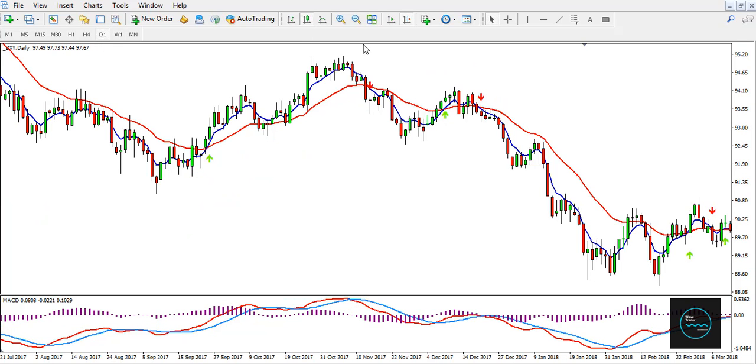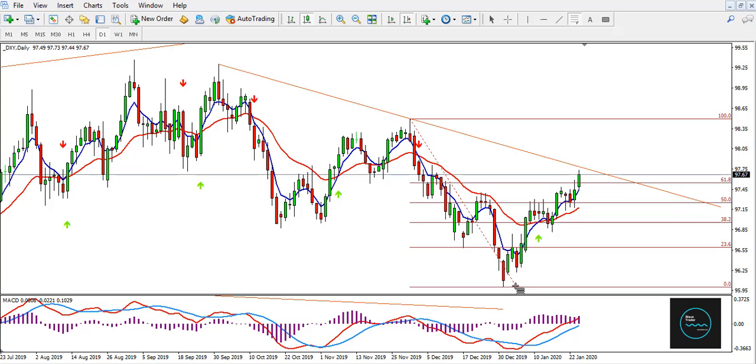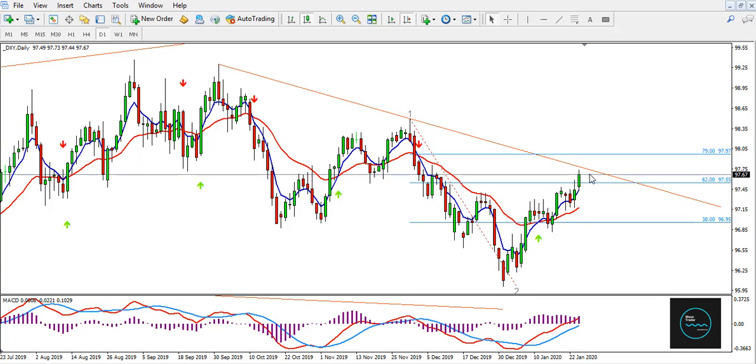So I'm going to go to the daily chart, and on the daily chart, for 2 weeks now I've been talking about the fact that the dollar was going to go up, and I gave two different scenarios. The first one was I plotted this, and I said that if the dollar could get up to this area of the trend line, then it will be aiming for the 79% region.